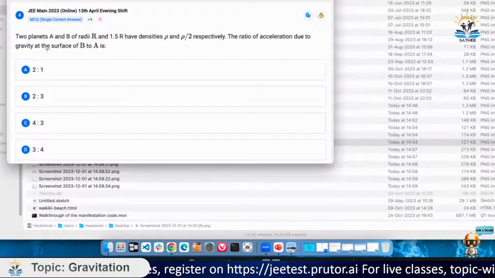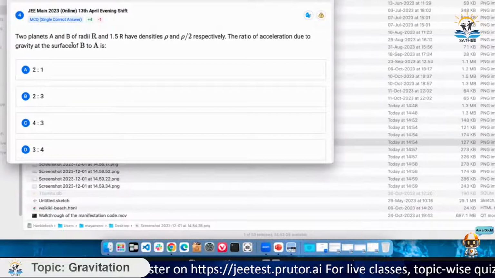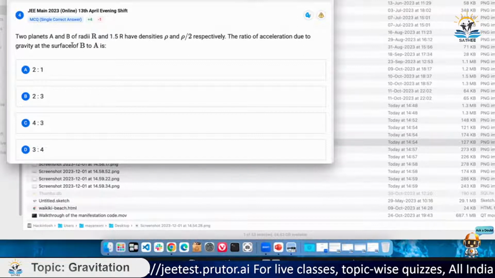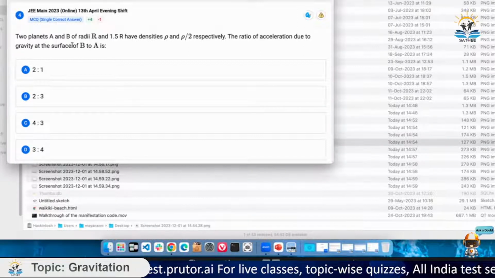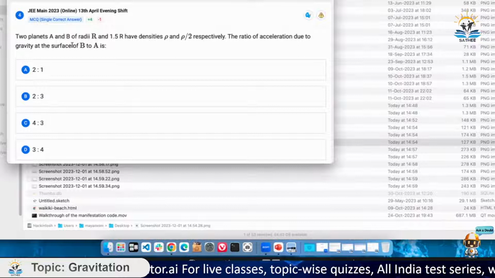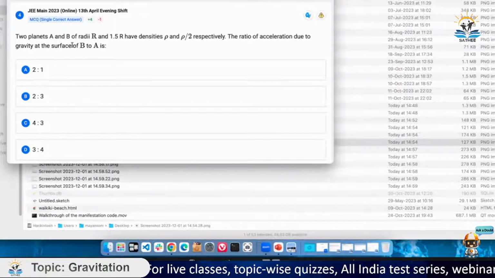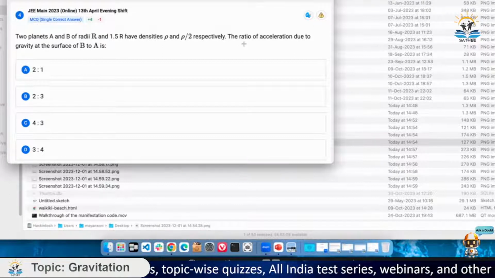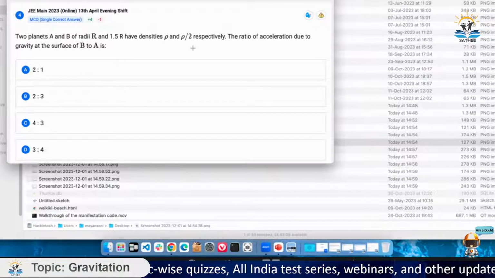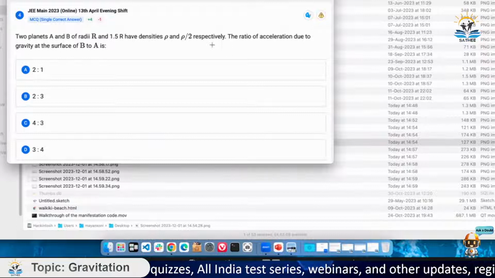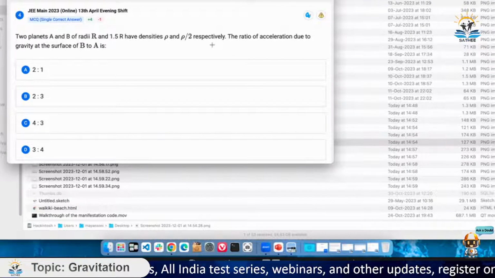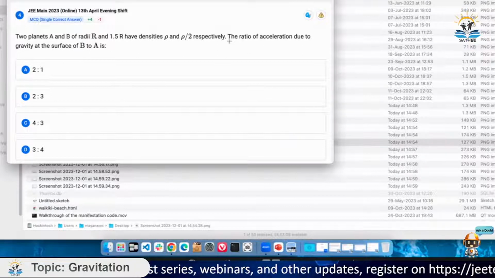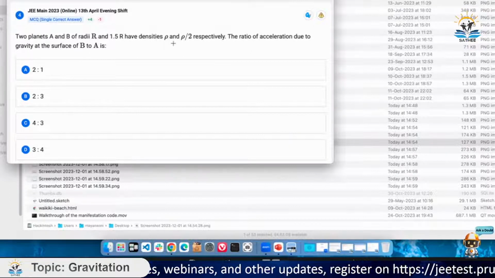Now let us see this question. Two planets A and B of radius R and 1.5 R have densities rho and rho by 2 respectively. The ratio of acceleration due to gravity at the surface of B to A is? First of all, to find acceleration due to gravity, we need the mass of the bodies A and B. To find the mass of the bodies, we would use densities.